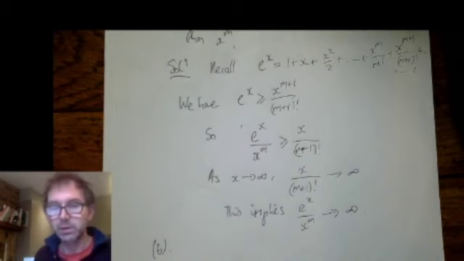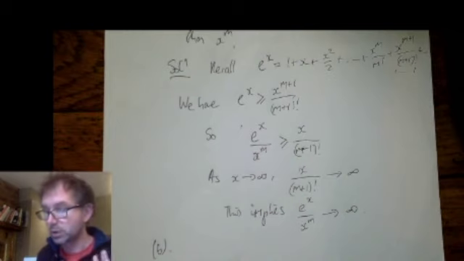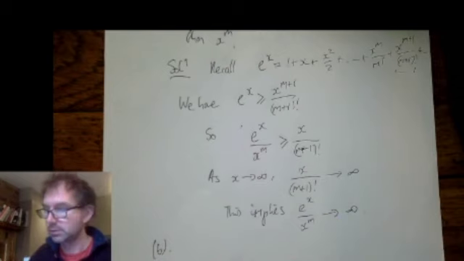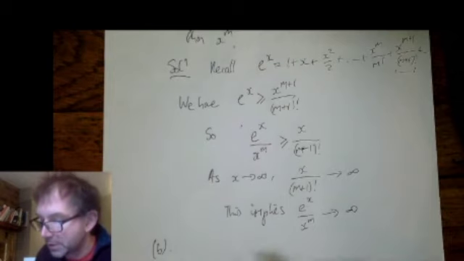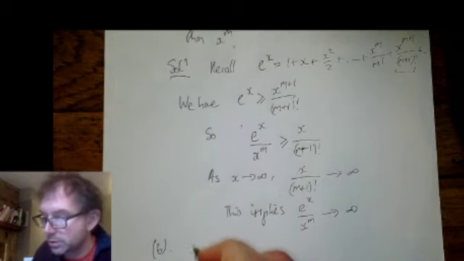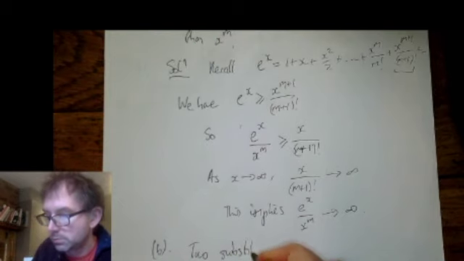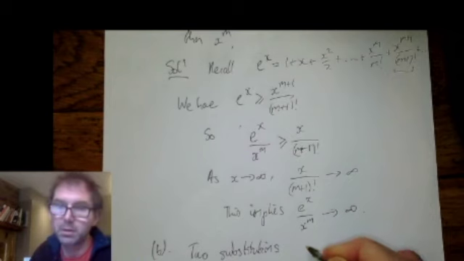So if we can try to convert this into this format, then we should be okay. So that's the idea, and the two substitutions that are going to be useful here.